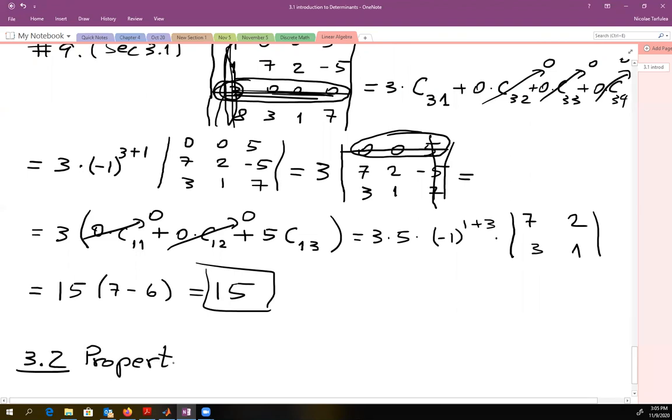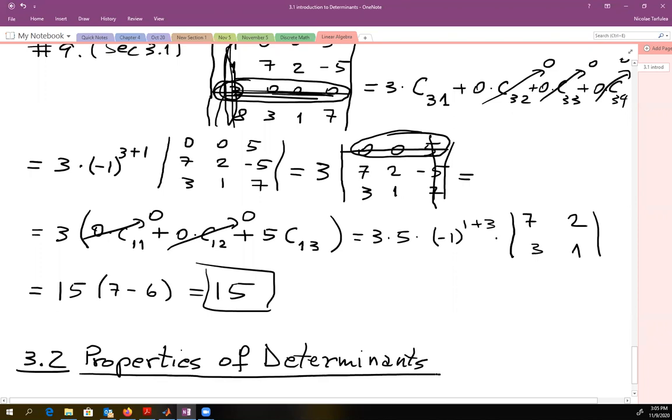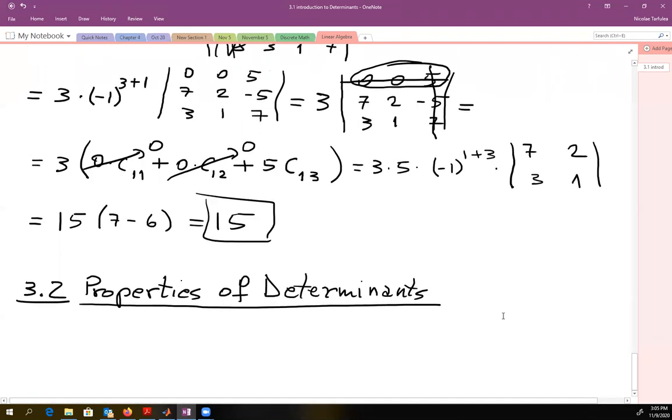Let's talk about this. Properties of determinants. Determinants have very nice properties, very interesting and somewhat unexpected. Let's assume that we have a square matrix.